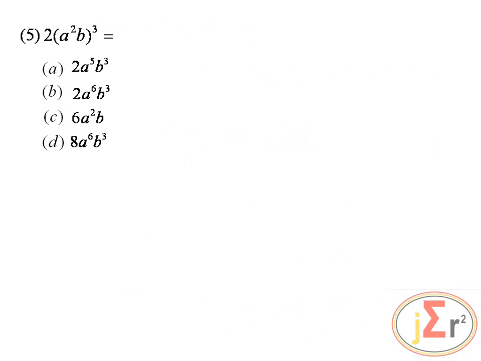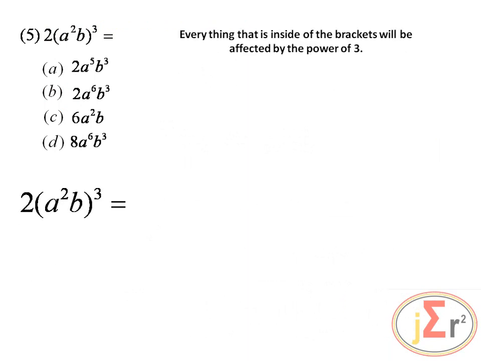Lovely little problem that involves the manipulation of indices. Everything that is inside of the brackets will be affected by the power of 3. So there we have the power of 3 outside of the bracket, showing that everything inside of that bracket will be affected by that power of 3.